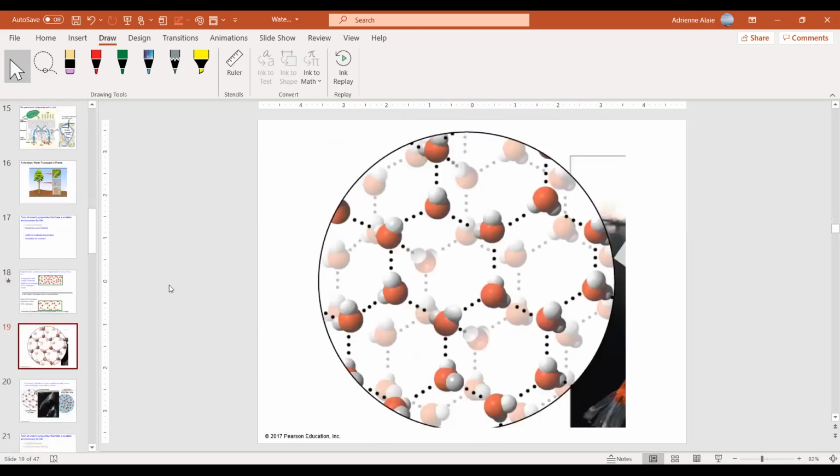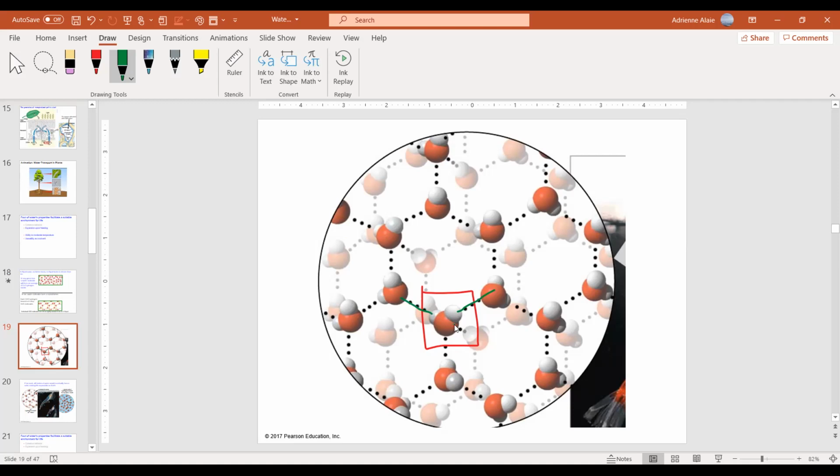And I didn't think you could see it in that, so I blew this up and I found one here. So if I show you the one that I'm looking at, it's this water molecule right here. Okay, and I'm going to count the number of bonds. Let's do it in green. So here, this partially positive hydrogen is attracted to that partially negative oxygen. This partially positive hydrogen is attracted to that partially negative oxygen.